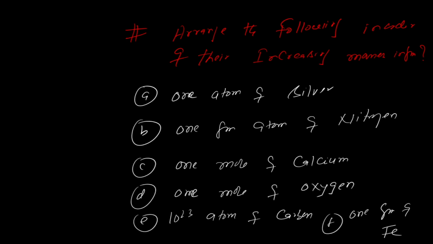So what you have to do is find out the masses in gram. First find out the mass in gram of each part. Then you have to arrange them in ascending order, increasing or decreasing, whatever they want. Now first we move to the first question, 1 atom of silver.